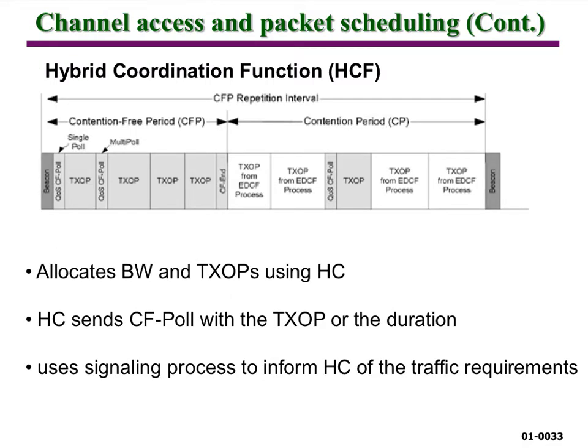All right, so we talked about the contention or contention-free period repetition interval, and we said that we have HCF in the contention-free period, and in the contention period we still have some irregular and infrequent kind of HCF periods even inside the contention period duration, right?